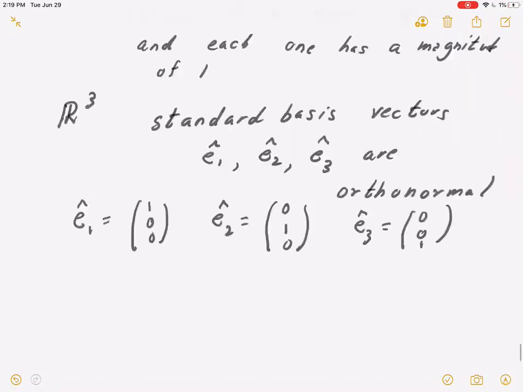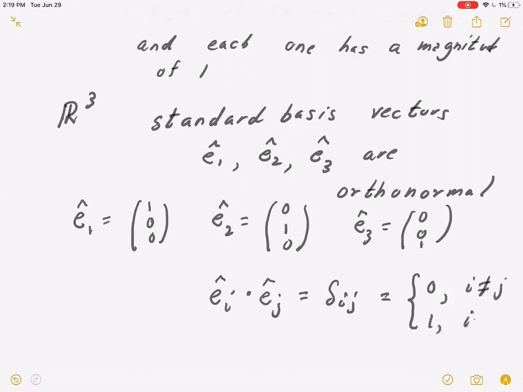And what you can see is if you pick any one of these vectors, e hat sub i, and dot it into e hat sub j, you'll get the Kronecker delta. That is to say, this equals 0 if i and j are not equal, and equals 1 if i equals j.